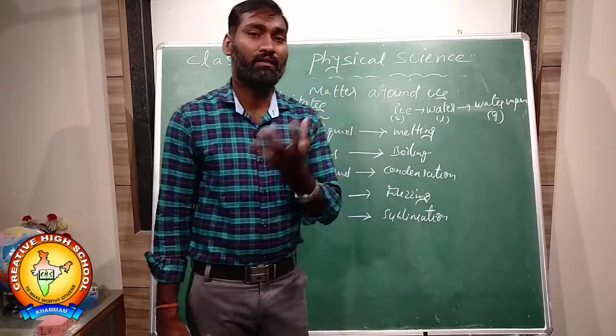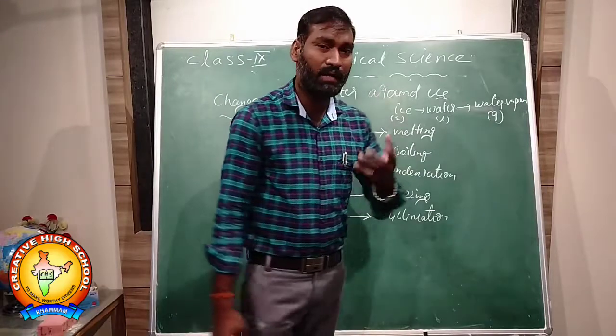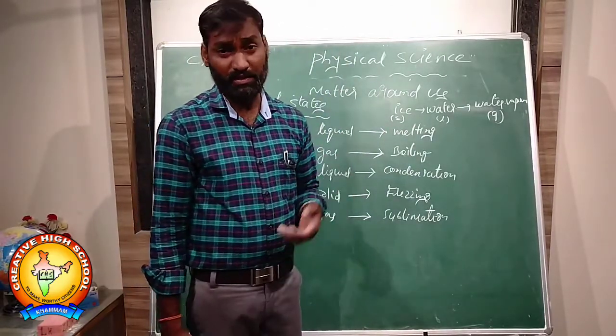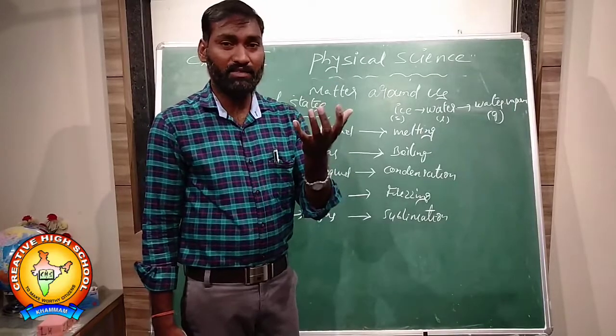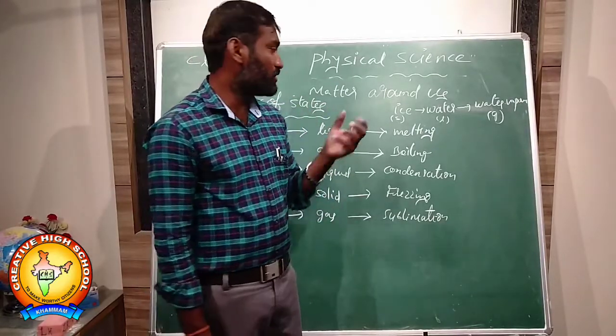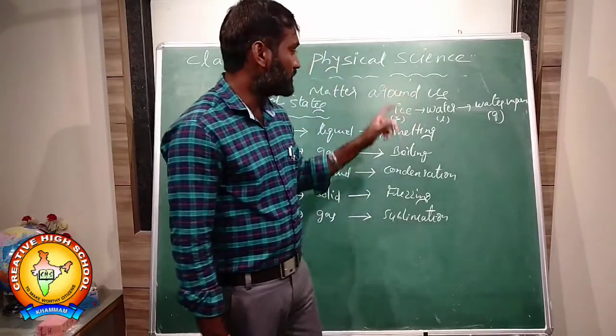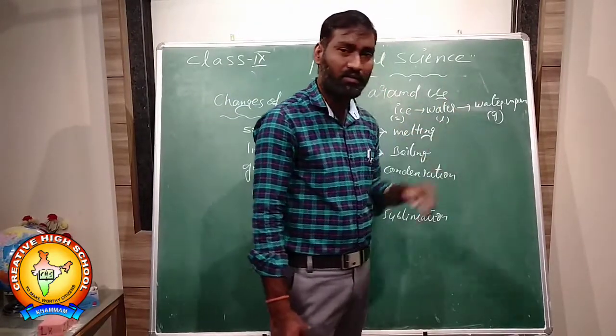What is the reason for the melting of ice? Our body temperature. The heat is absorbed by the ice cube from our body and it melts and becomes water. Water again converts into water vapor.